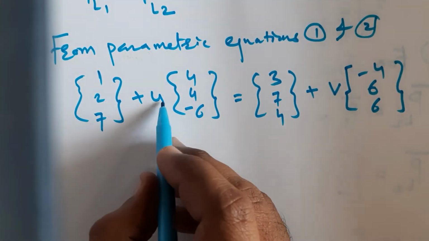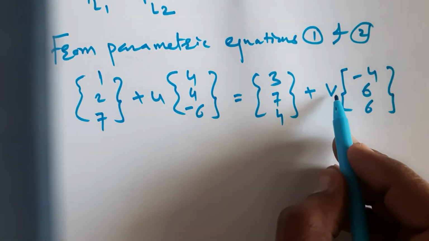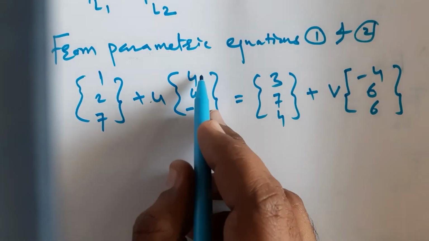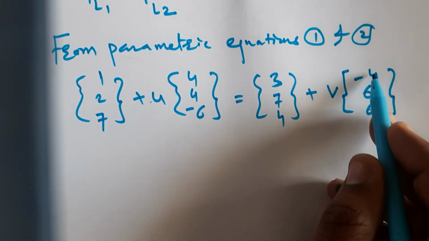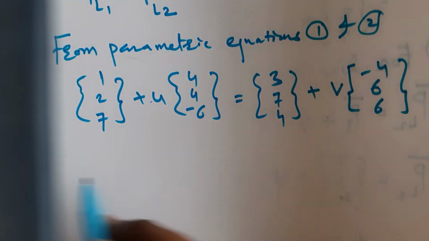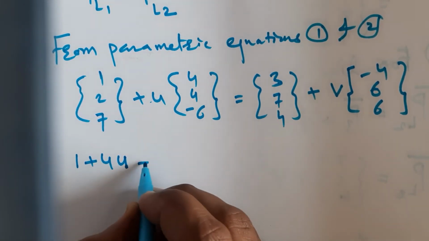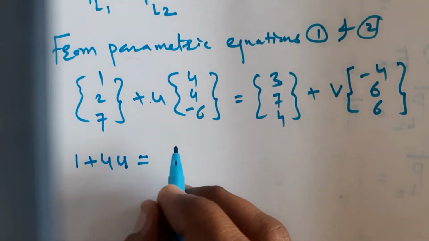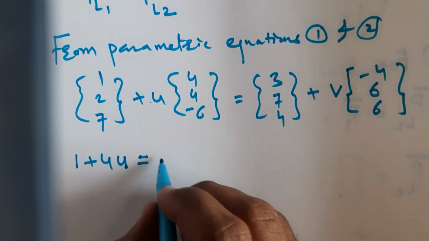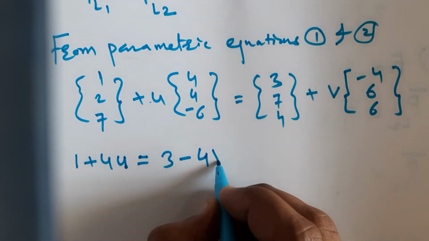Okay, now we'll equate these two equations. So 1 plus 4u is equal to 3 minus 4v.